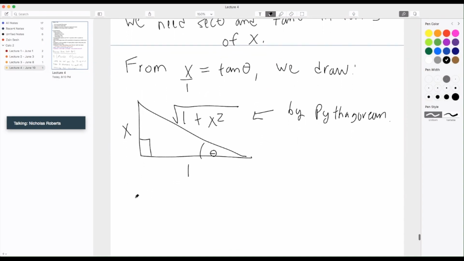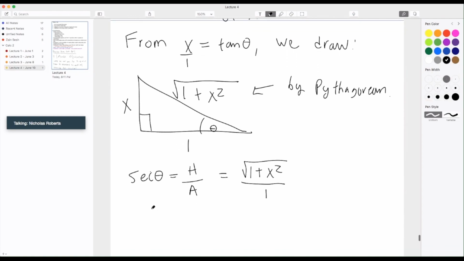Secant theta will be hypotenuse over adjacent, the reciprocal of cosine, and that comes out to the square root of 1 plus x squared over 1. And tangent theta was just x.